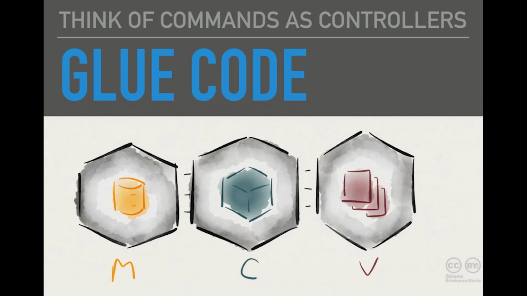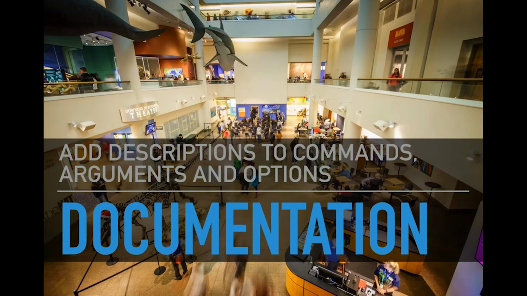Notice it is not a controller, just think of it as the place where you put the glue code of your business logic. Don't just dump a whole bunch of code in there, because you can end up in a pretty similar place to where I was in 2010. Second, and I already mentioned this, but I think it's very, very important, add descriptions to commands, arguments, and options. Why? Because they provide documentation for your future self and the users of your commands.